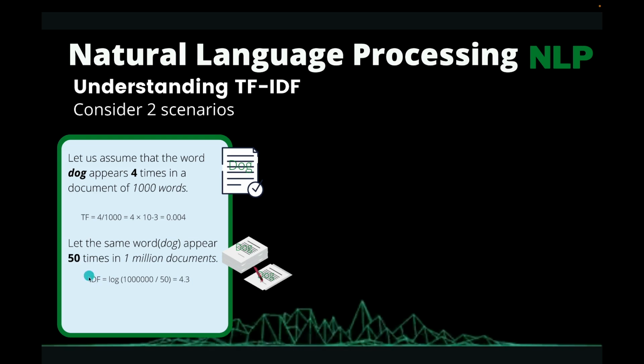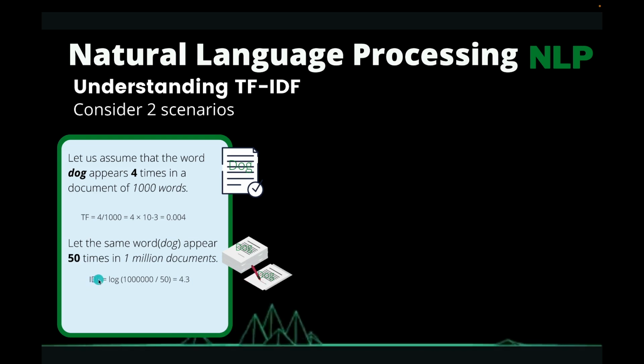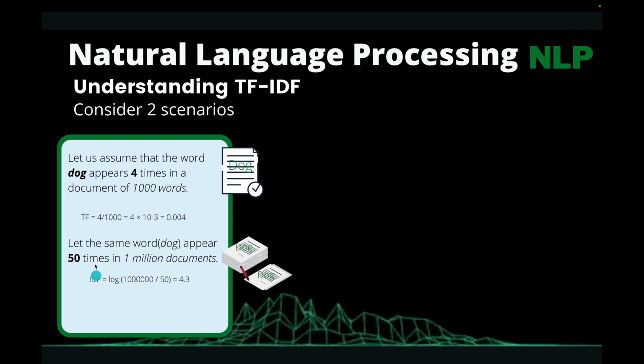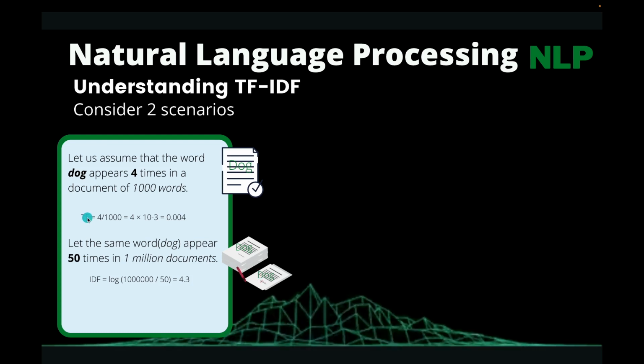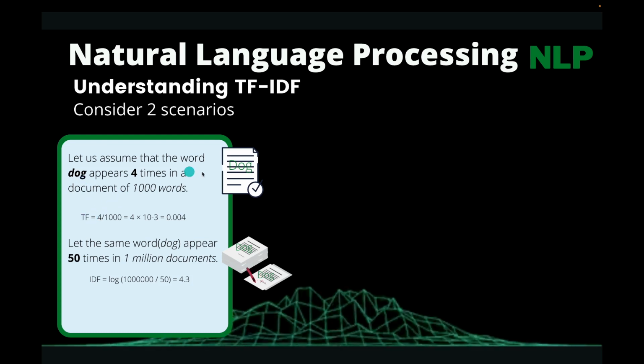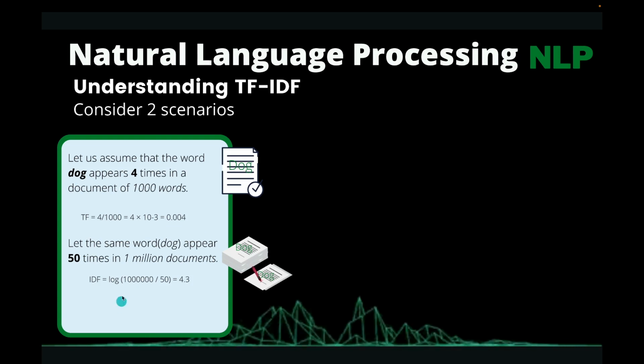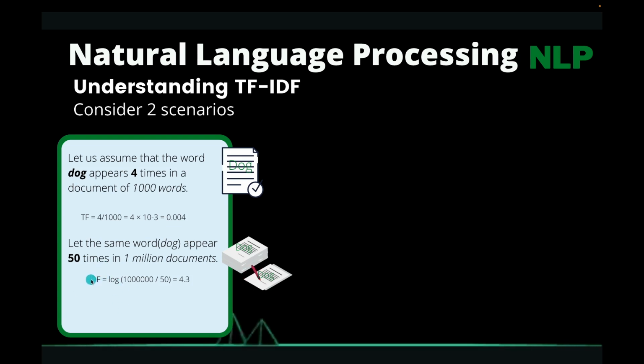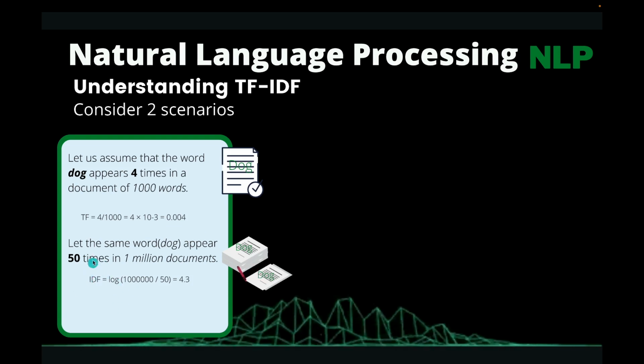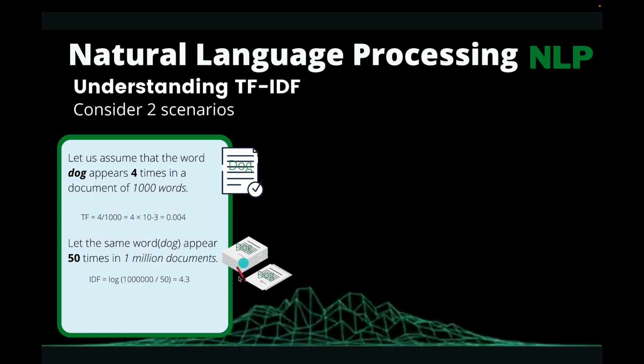So that's when you calculate the inverse document frequency, IDF. Here we calculate the term frequency, that is how frequently that term appears in a single document, and here we calculate the inverse document frequency, how often that word appears in the entire document collection.